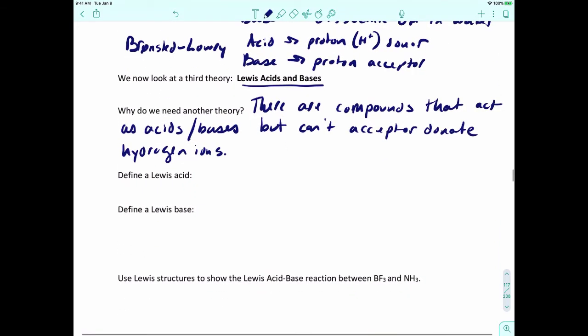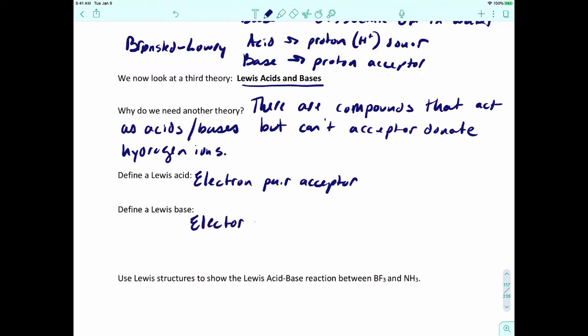So Lewis came up with this theory based on electrons. He defined a Lewis acid as an electron pair acceptor and a Lewis base as an electron pair donor.